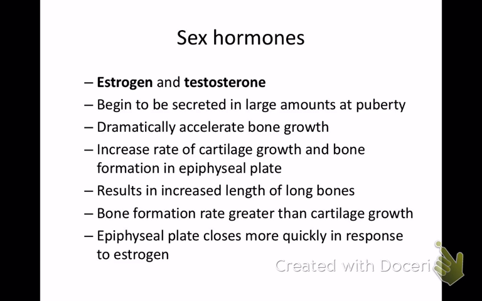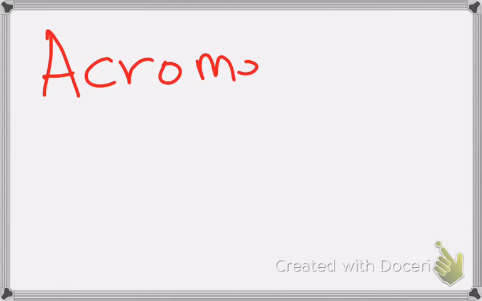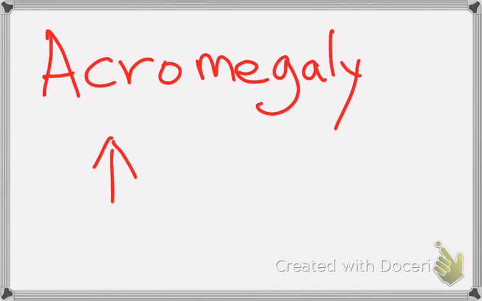And there is a condition called, might as well go ahead and do it, acromegaly, which is an excess secretion of growth hormone after you've reached your adult height.